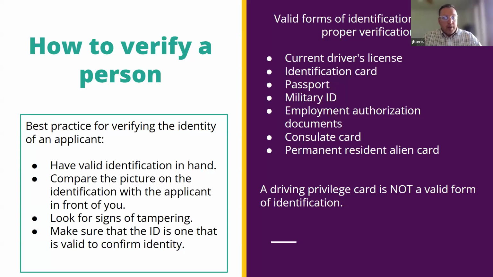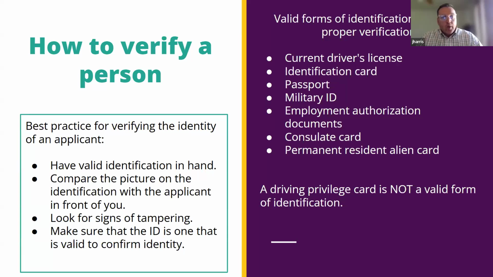Valid forms of identification to ensure that you are properly identifying your employees include a current valid driver's license and a state identification card, a passport, a military ID, employment authorization documents, consulate card, or a permanent resident alien card. If you have any questions in regards to something that's not on this list that may be considered, please reach out to us at CBS Unit to verify that.